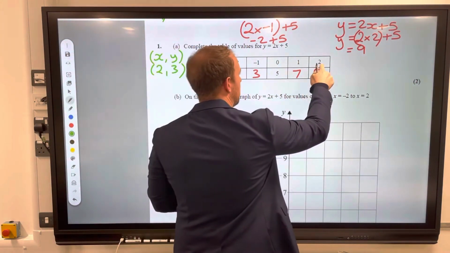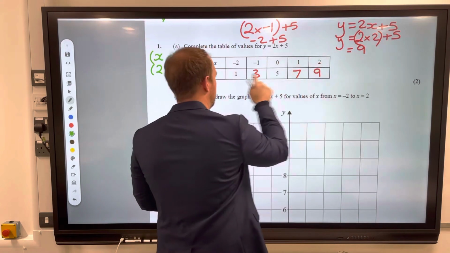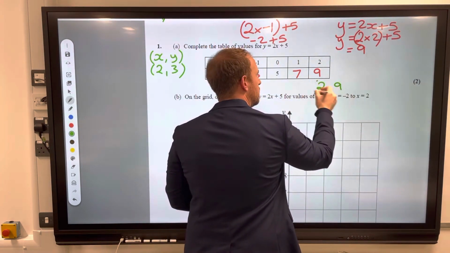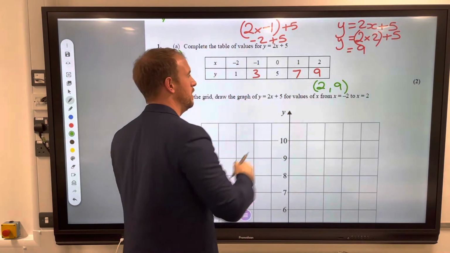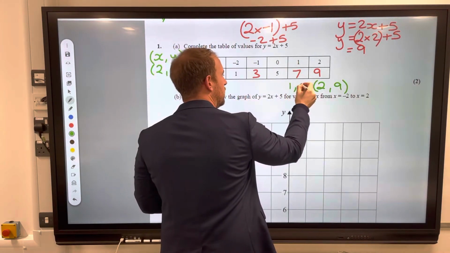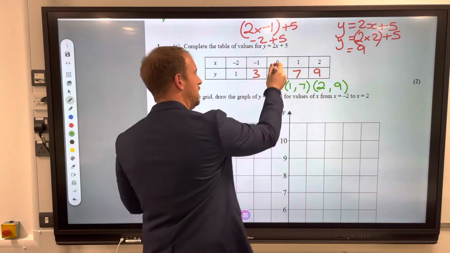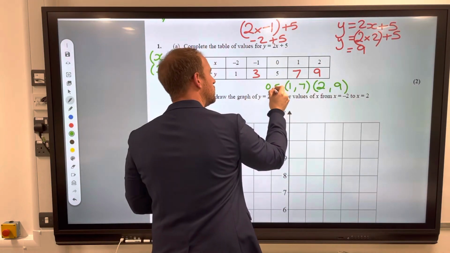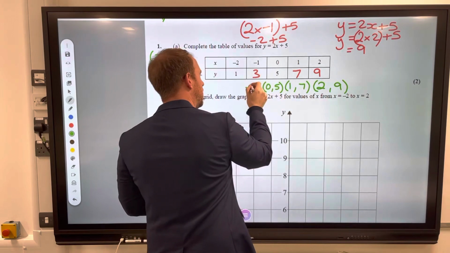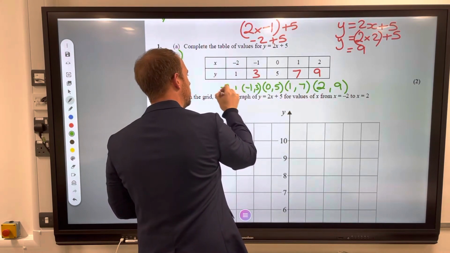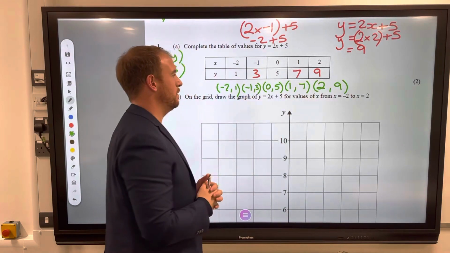So here we have an x value of 2 and a y value of 9. So our coordinate would then be 2, 9. Here we have an x value of 1 and a y value of 7. Okay, so as you can see now, we've now got our coordinates, minus 1, 3, and then minus 2, 1. We have 5 coordinates.